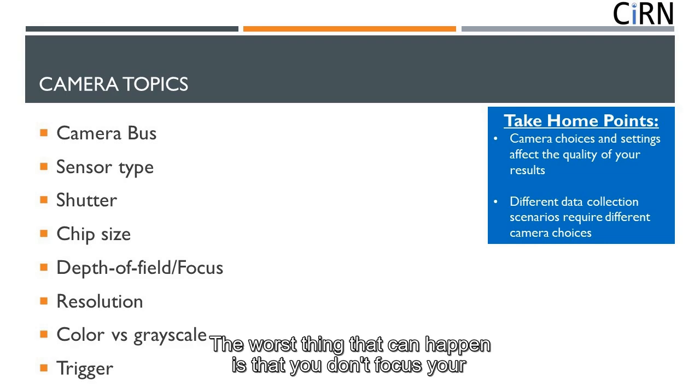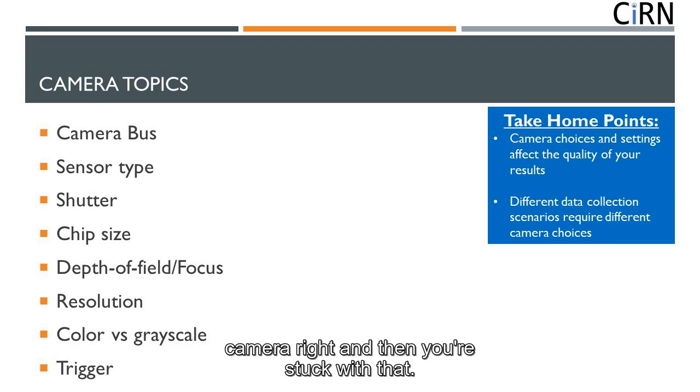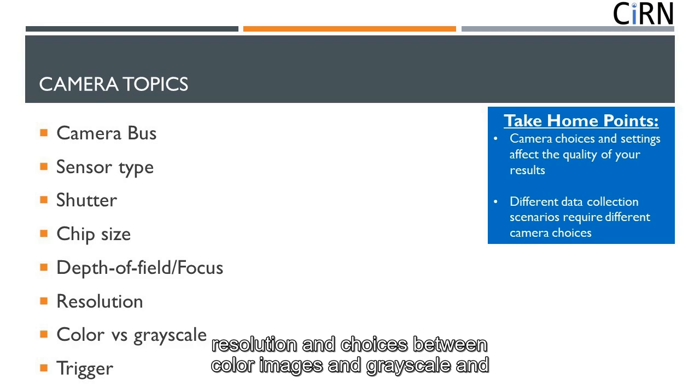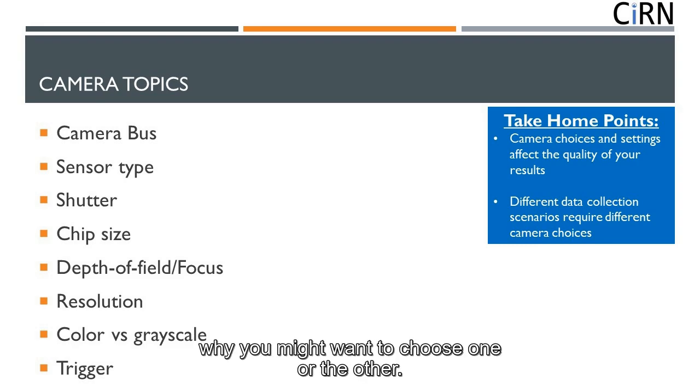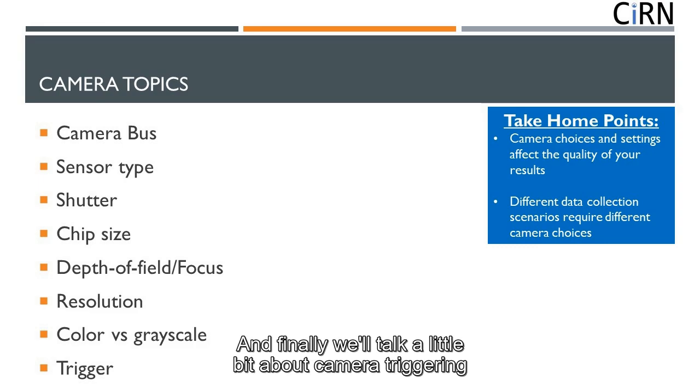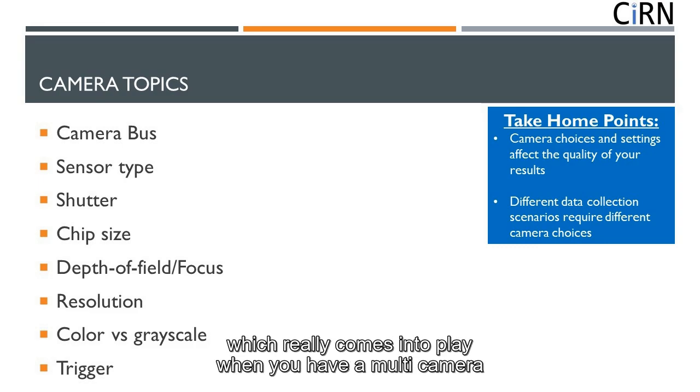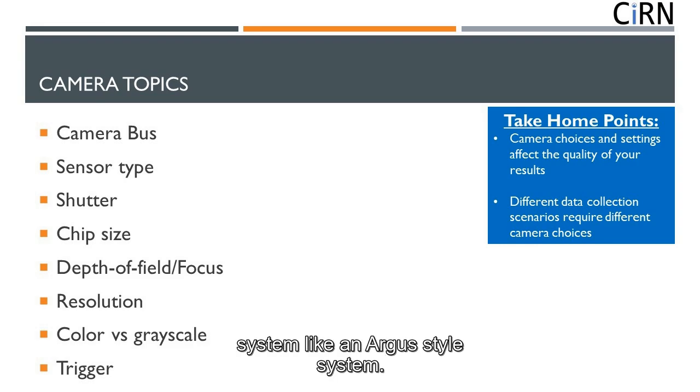The worst thing that can happen is that you don't focus your camera right, and then you're stuck with that, say, for the next several years. We'll talk a bit about resolution and choices between color images and grayscale and why you might want to choose one or the other. And finally, we'll talk a little bit about camera triggering, which really comes into play when you have a multi-camera system like an Argus style system.